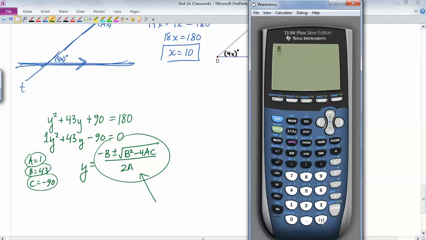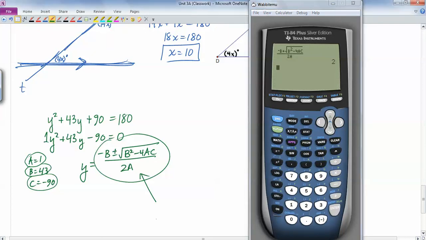There we go. So negative b plus the square root of b, and then this button squared, minus 4ac all over 2a. And now that I've got a, b, and c stored, there you go.